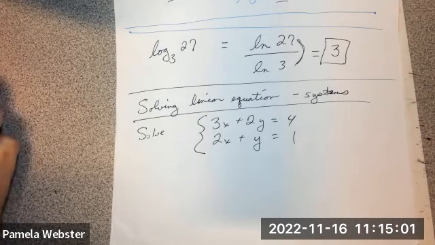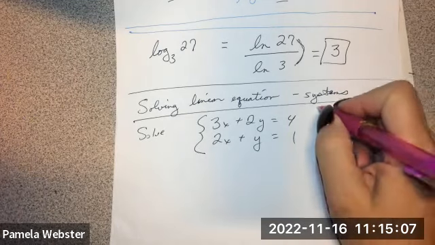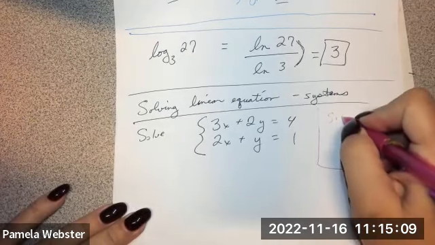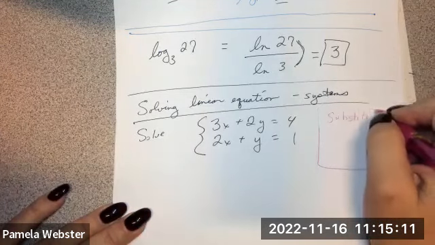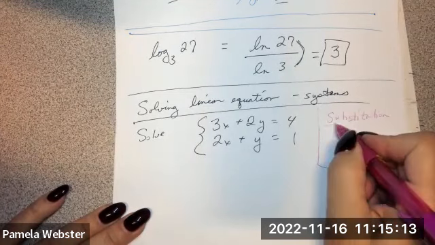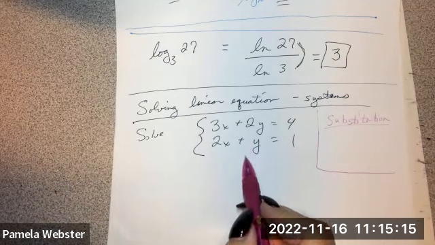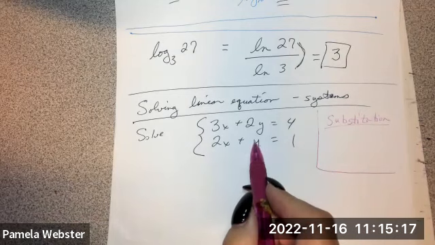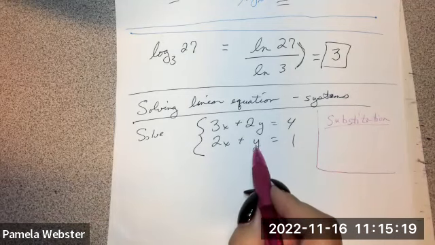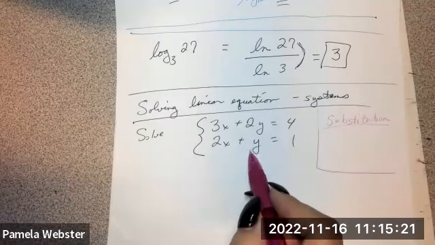So there's two different ways to do these. You can solve them using substitution. Hopefully these were our methods. Substitution. And in this case, I might actually use substitution because I might solve for y because it's all by itself here. It doesn't have a coefficient on it or anything.